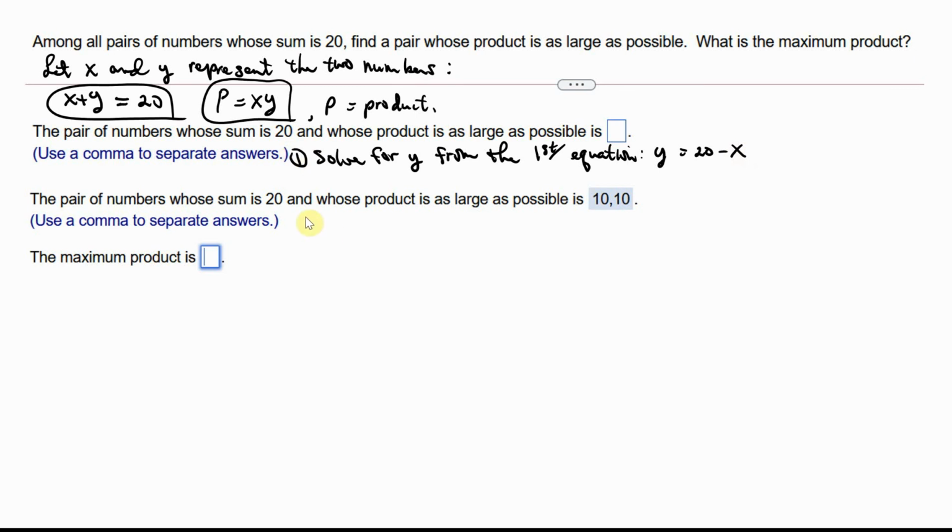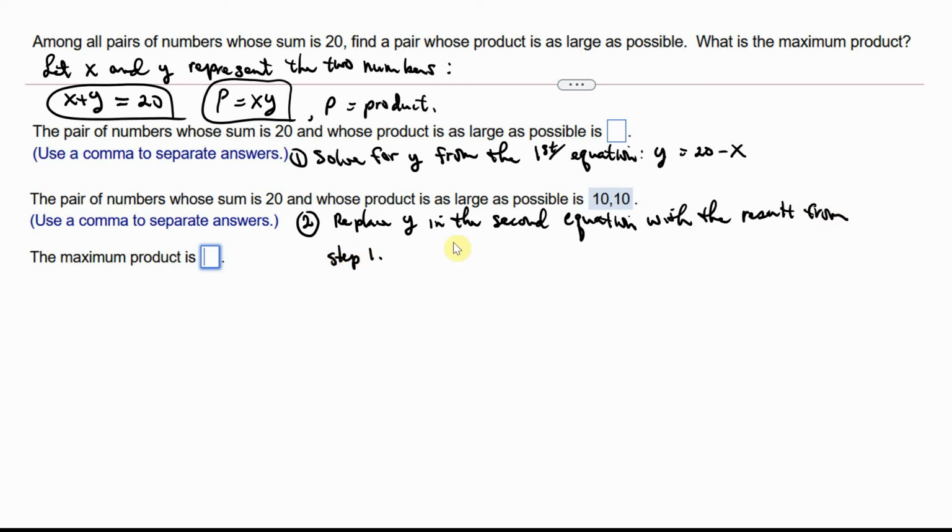Step 2: replace y in the second equation with the result from step 1.